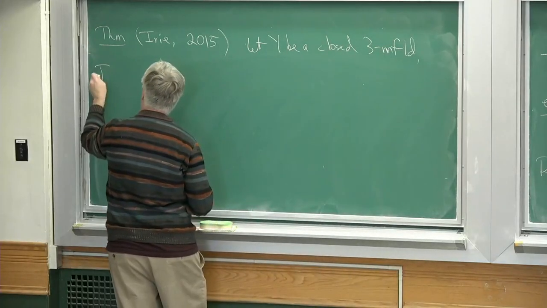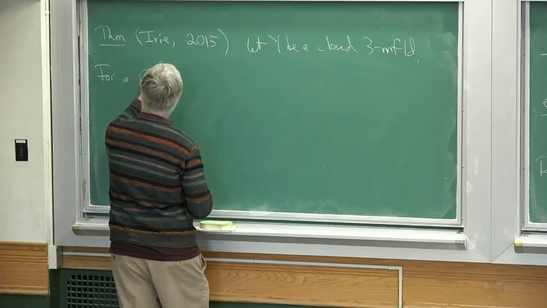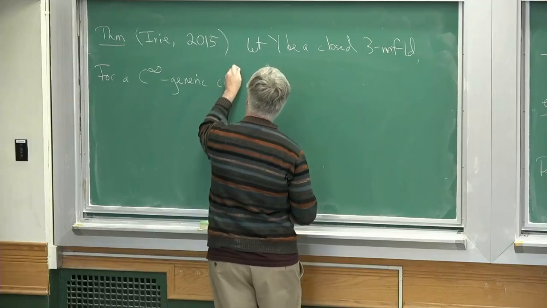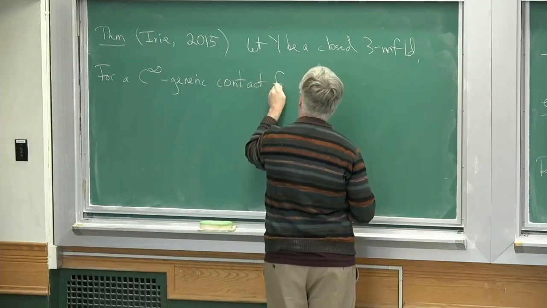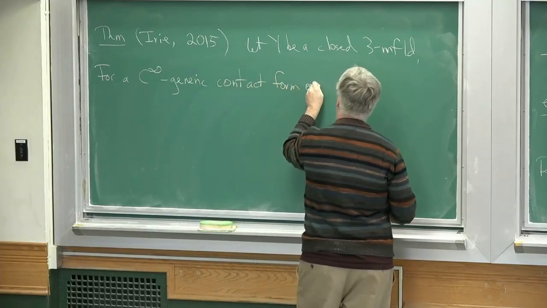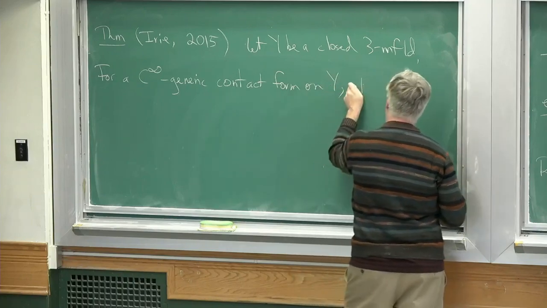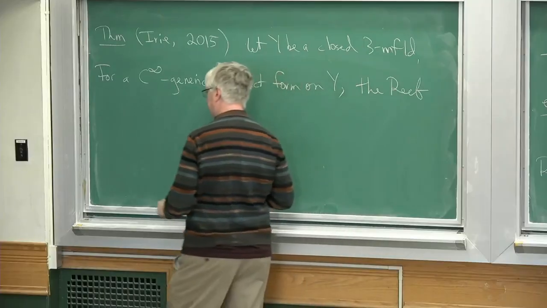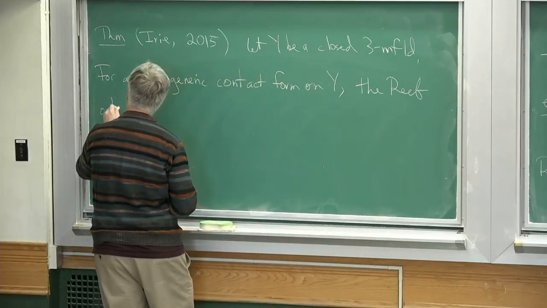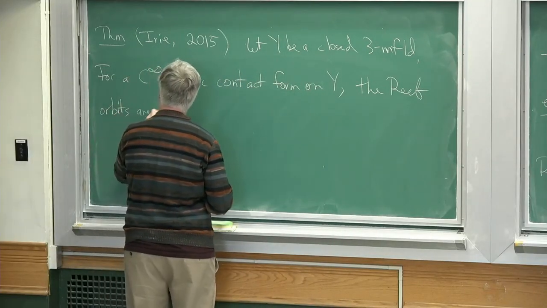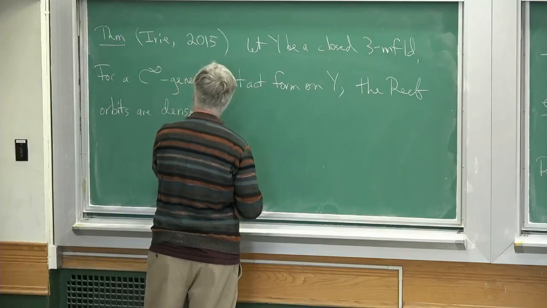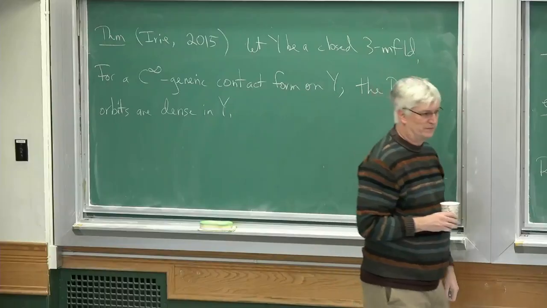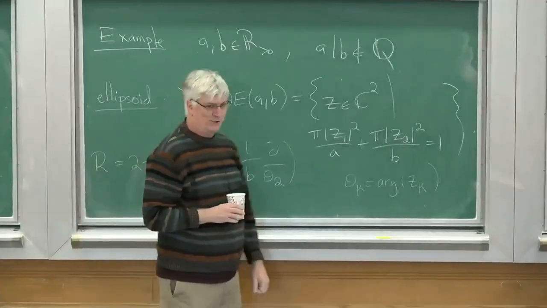So for a C infinity generic contact form, the Reeb orbits are dense in Y. So that, of course, implies that there are infinitely many.